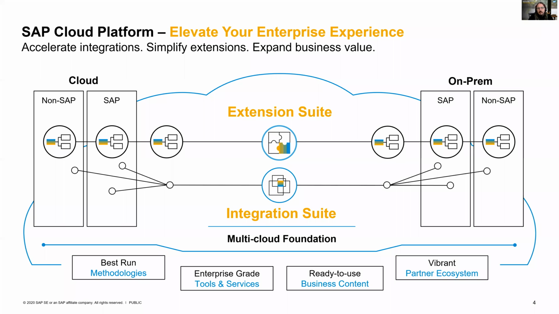And what comes up in that regard is that you will have some kind of hybrid data flows between SAP, non-SAP, between on-premise and cloud. And you want to come up with those extensions. That is exactly where SAP Cloud Platform kicks in.